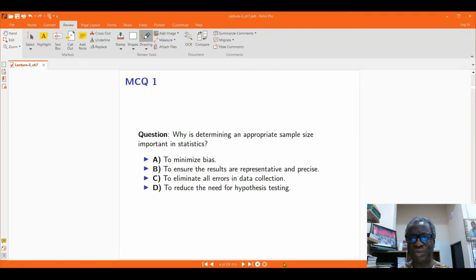Are you able to make a choice? Why is determining an appropriate sample size important in statistics? Can you just choose any size as your sample and go on with it?